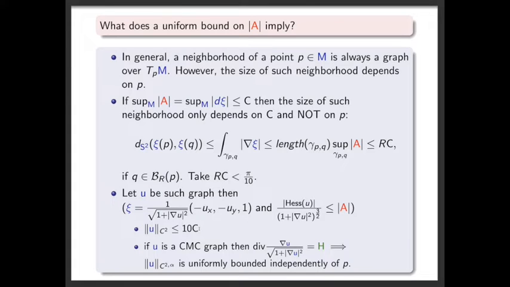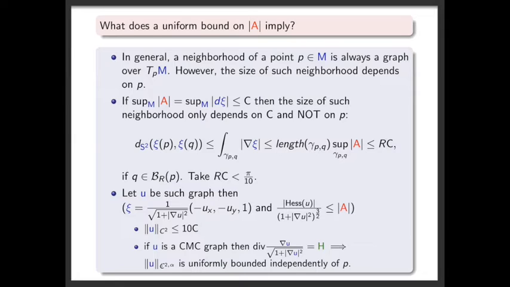Okay, and notice that up to this bullet, we haven't even used the fact that the mean curvature is constant. Then we use Schauder's theory and the fact that U satisfies this partial differential equation and H is constant to go from uniform C2 estimate to uniform C2 alpha estimate.